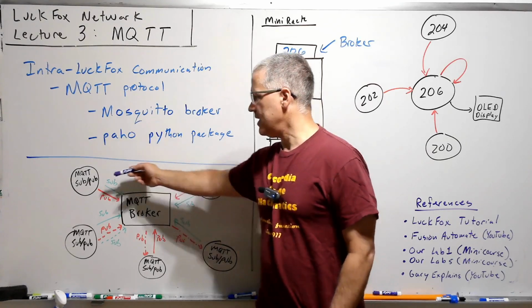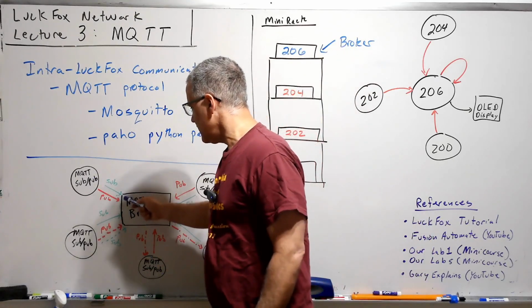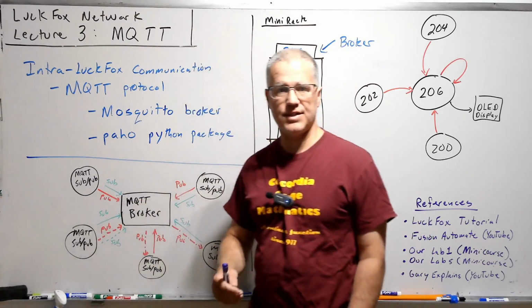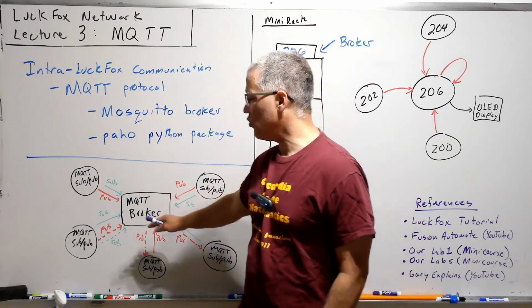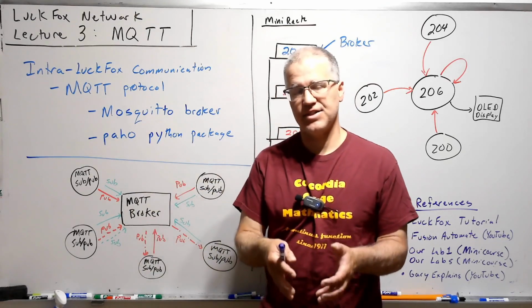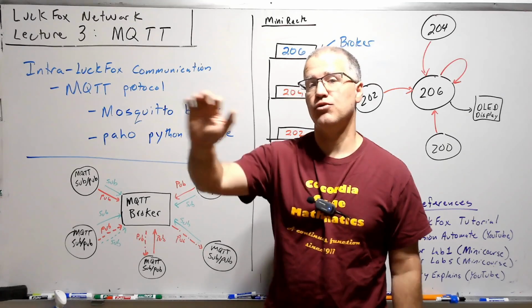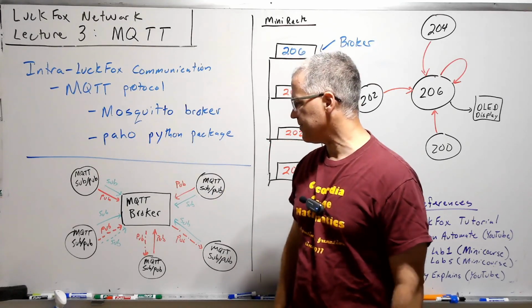An individual device will either subscribe to a topic sent out by the broker or publish information to the broker. So the broker is this central hub to pull in information from outside peripherals and then push information out to outside peripherals.